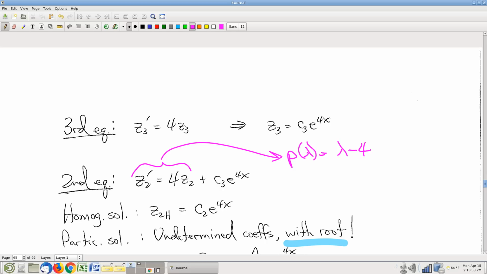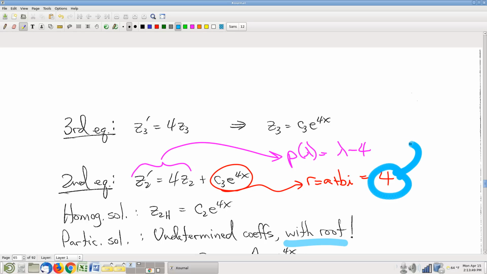Right? Looking at the G, our R, our magic number, as you recall, A plus BI, is 4. And is this a root of that, we ask? And sadly, yes. Yeah? Everybody on board?